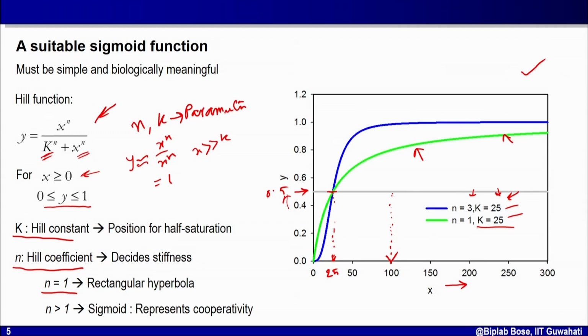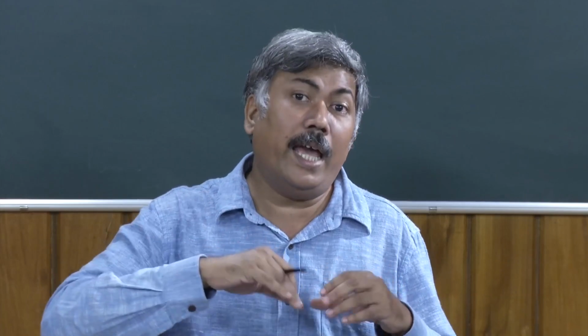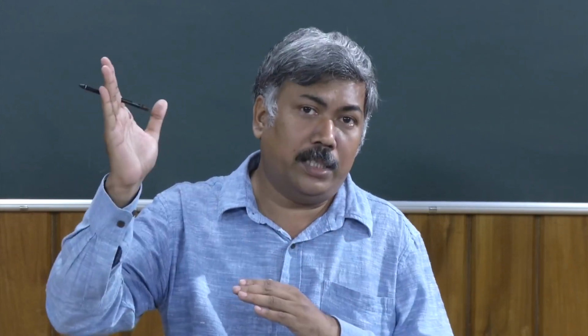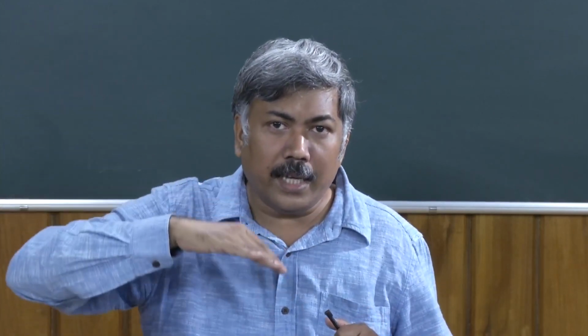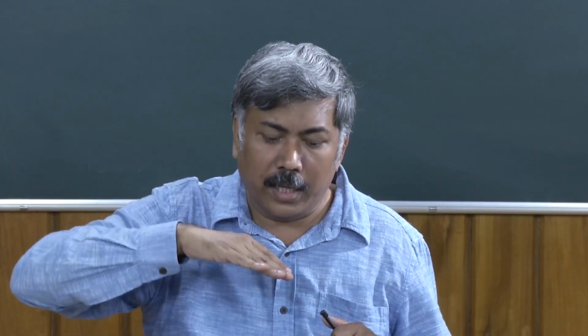So the Hill coefficient tells me whether the system has sigmoidal nature or not, and if it is sigmoidal, how stiff that sigmoid is. Whereas k tells me how sharp this sigmoid rise is. Is it rising very fast with respect to the value of x? Because it determines the half saturation value at which we reach half of the value of y.